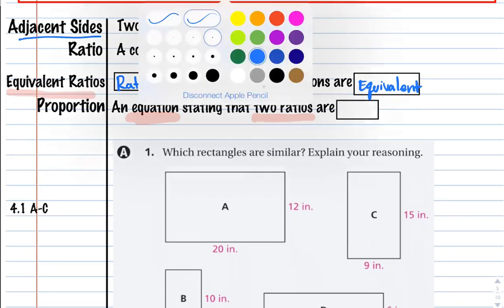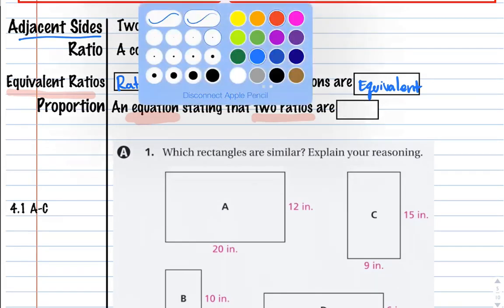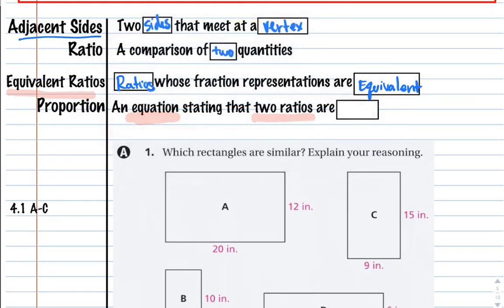That are two equations stating that two ratios are the same or equivalent. I just don't want to write equivalent twice. Oh, sorry, not equivalent. Let me fix that. That are equal. That's the word I was looking for.